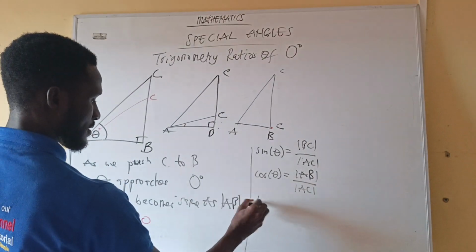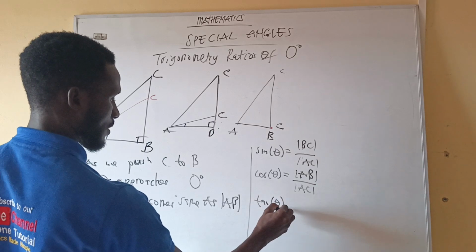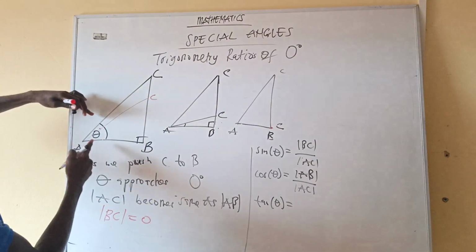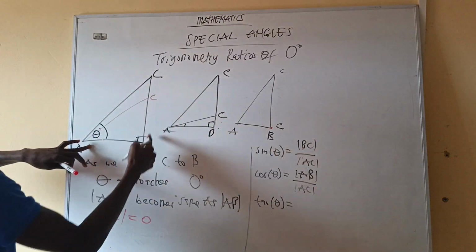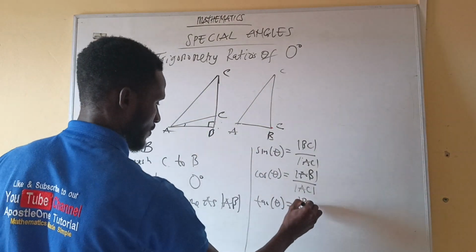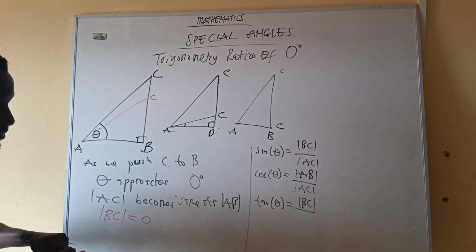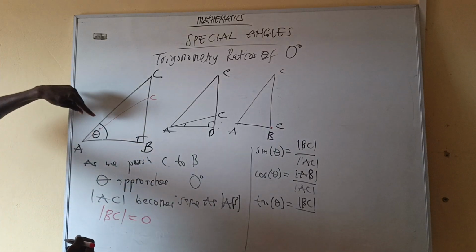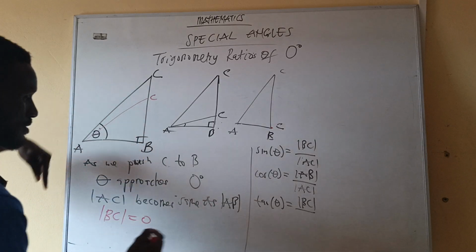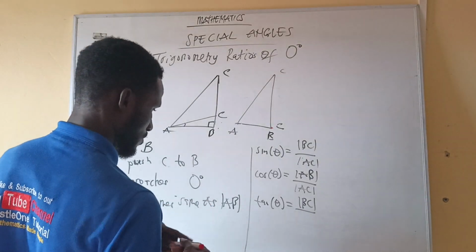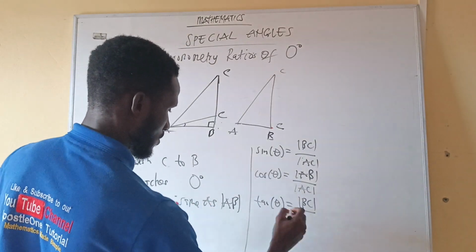Now, let's talk about tan theta. What is tan theta? Tan theta is what? Opposite BC divided by what? Adjacent AB.